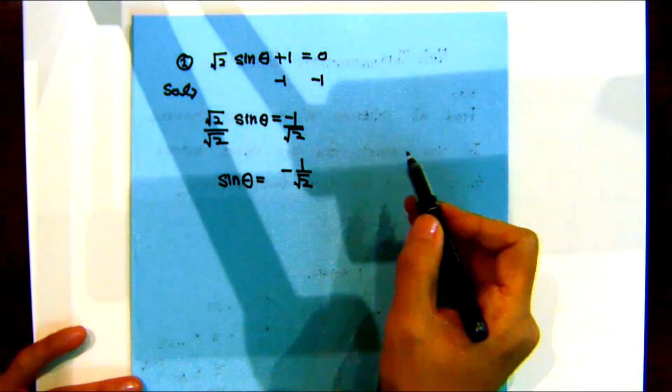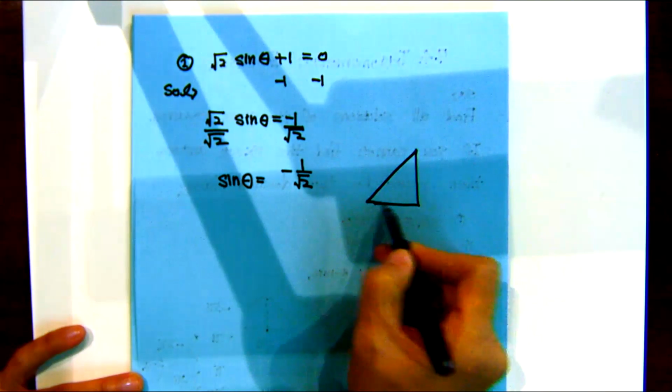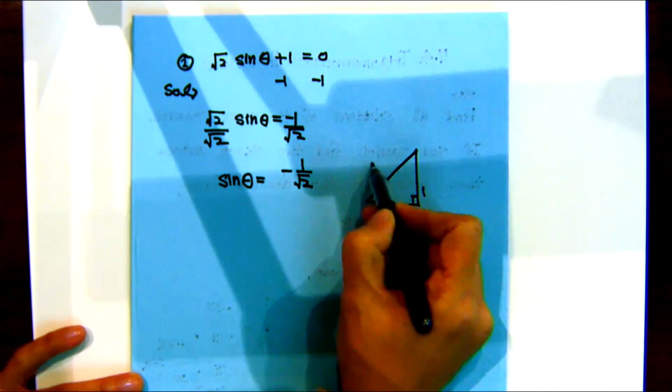So by looking at the solution for sine of theta, what we notice first is that negative 1 over square root of 2 is not 0, maximum or minimum. In that case, we have to use the reference triangle. 1 and square root of 2 are involved, so a 45, 45, 90-degree triangle is involved.